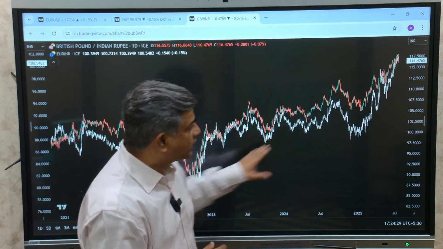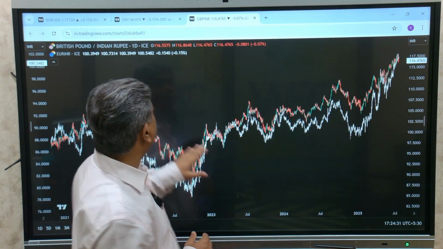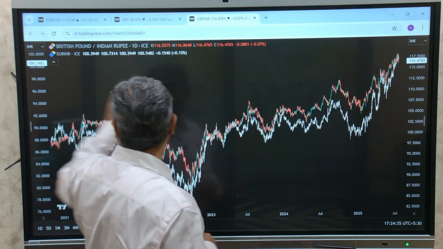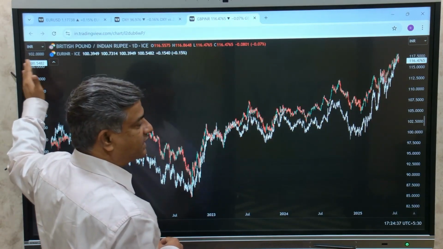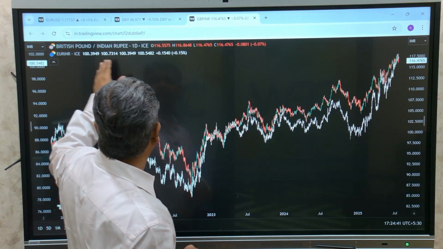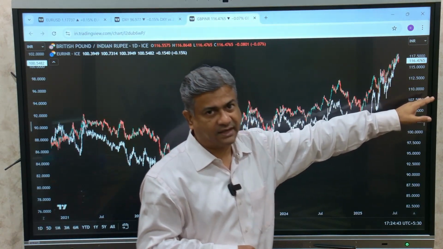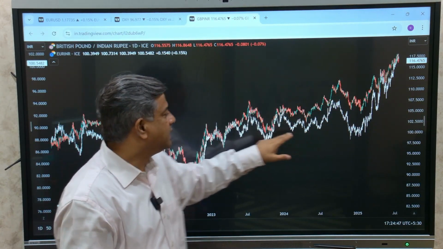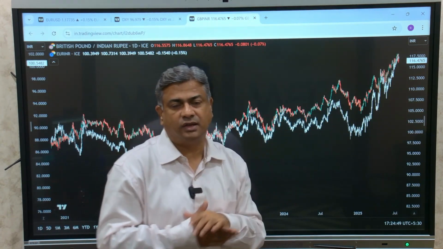If you look at this chart, we have euro INR on the left side scale, around 100.5, and GBP INR on the right side. The red and green candles are GBP INR, the white and grey candles are euro INR.